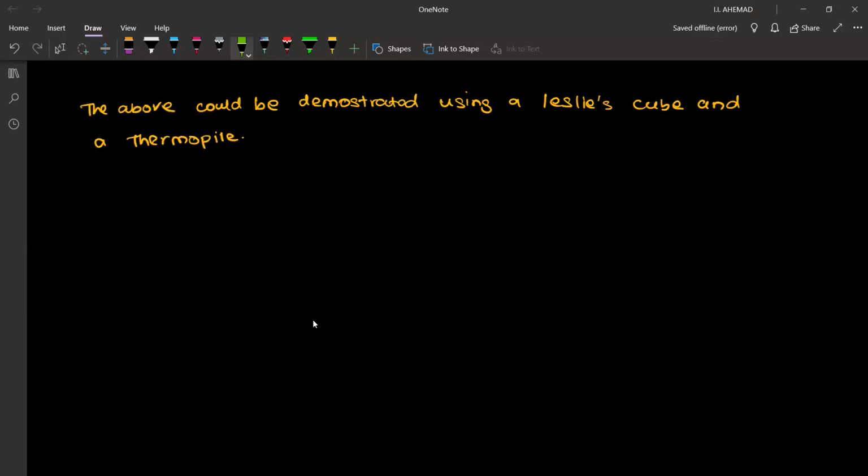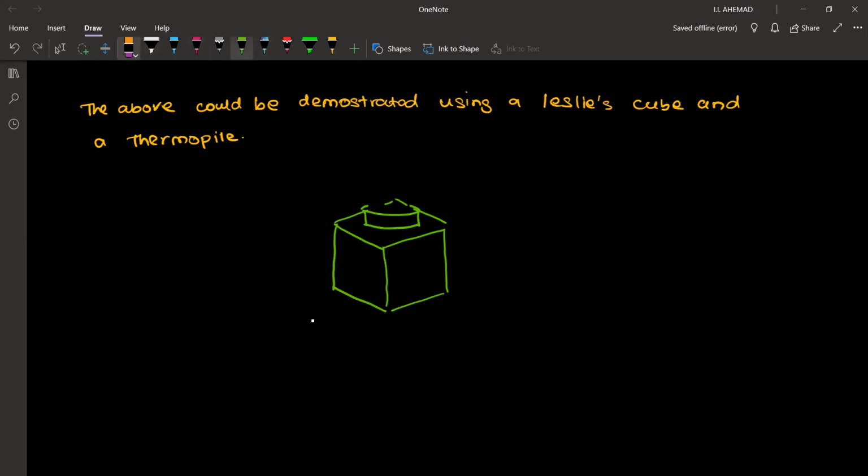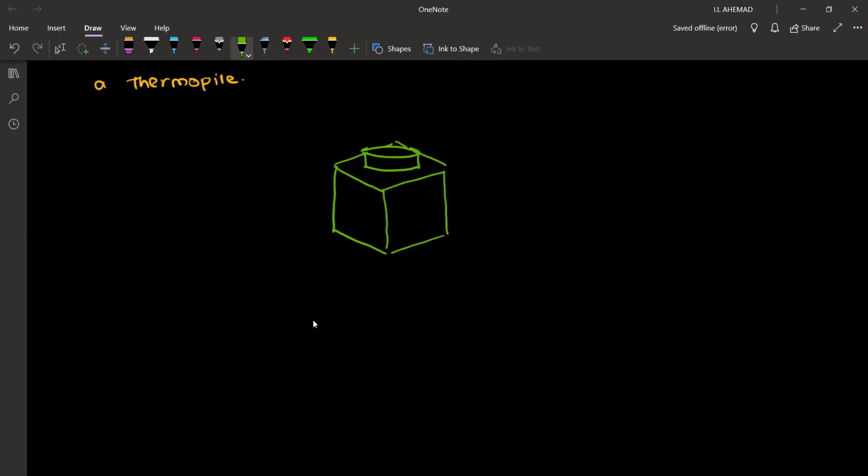Leslie's cube is nothing but a cubical shaped container. Its surfaces are different from one another. On one side, we will have a rough surface.